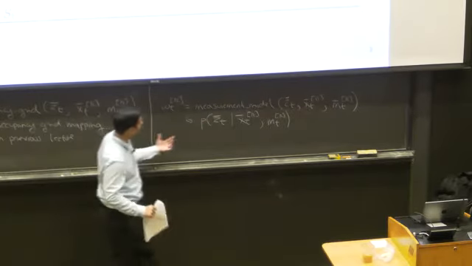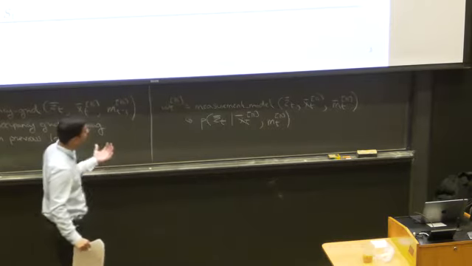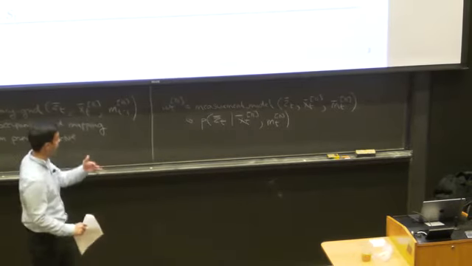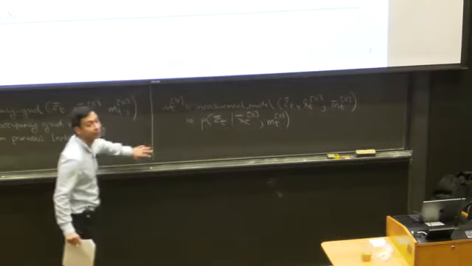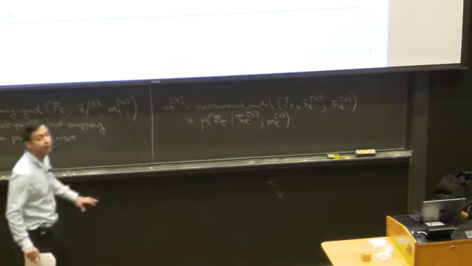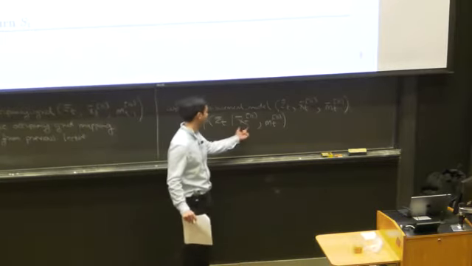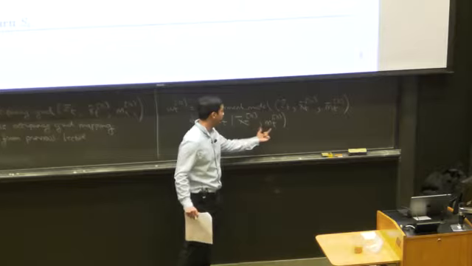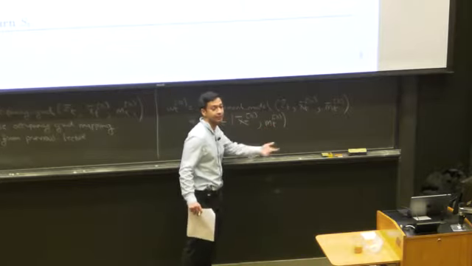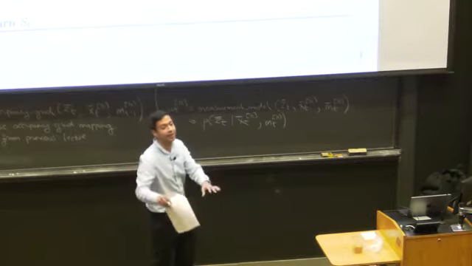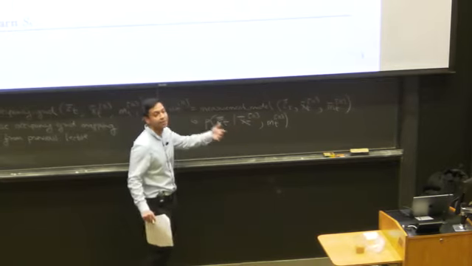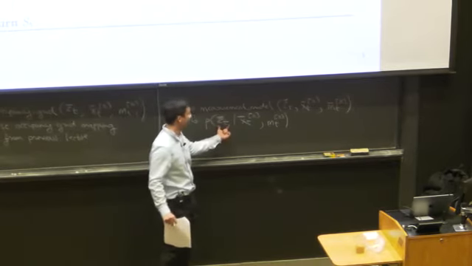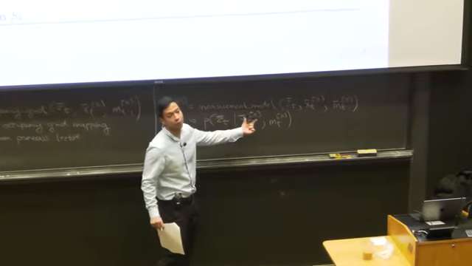This is the measurement model, which we're assuming that we know, and we discussed versions of it if you have a range sensor a couple of lectures ago. Ideally this step is the one that should filter out things that are not feasible, not consistent. If you're in some location x_t and your map is this, and these are inconsistent, in the sense that your location is inside some obstacle, then given that that's not actually possible, the likelihood of receiving the sensor measurement that the robot received should be very low or zero.